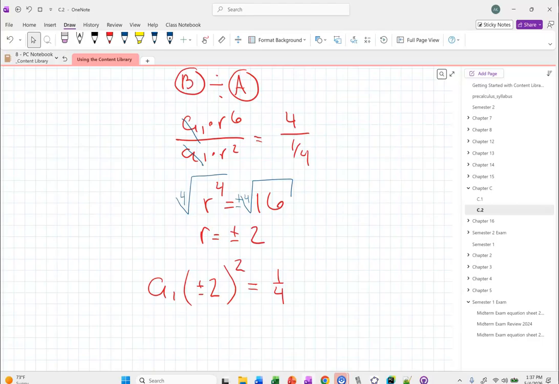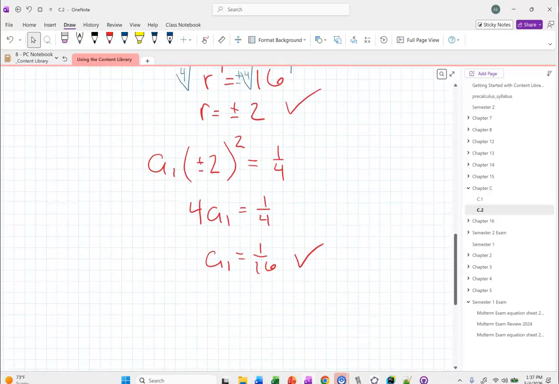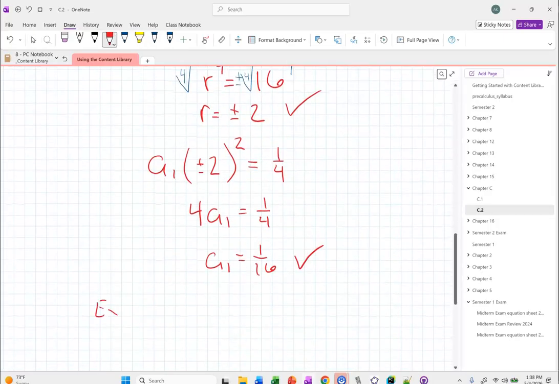Because 2 squared is 4 and negative 2 squared is 4, so I just have one answer. Everybody's okay there? And then to get a1 by itself, I just need to divide by 4. When I do that, I get 1 over 16. So now I have my a1 and I have my r. That's everything I need to write my explicit formula.